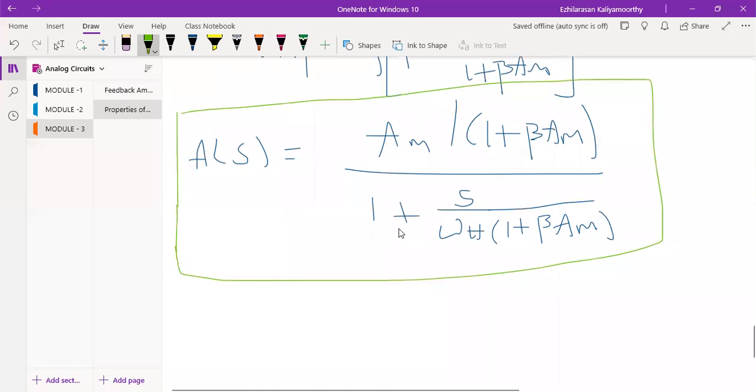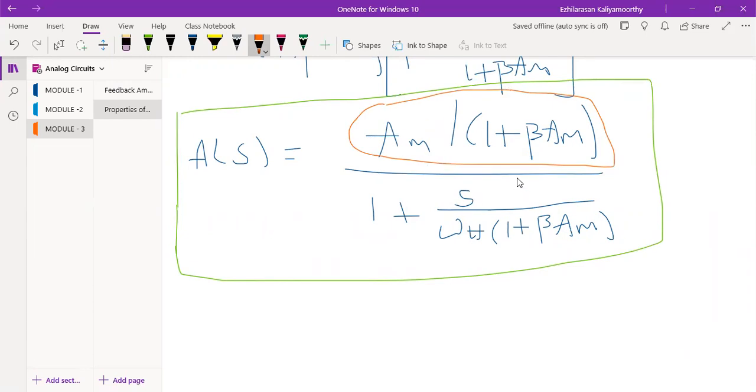Now from this we can say the feedback amplifier will have a mid-band gain of AM divided by 1 plus beta AM.